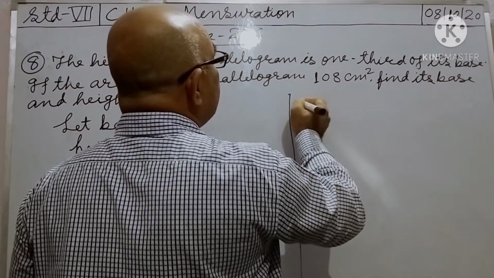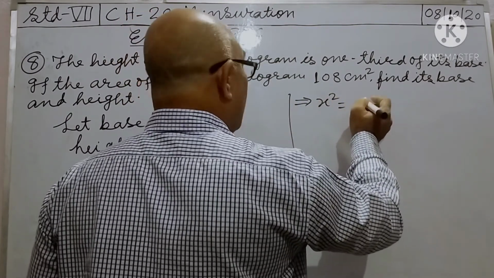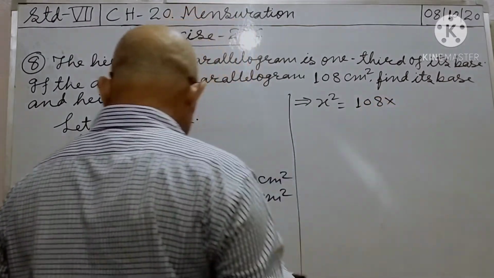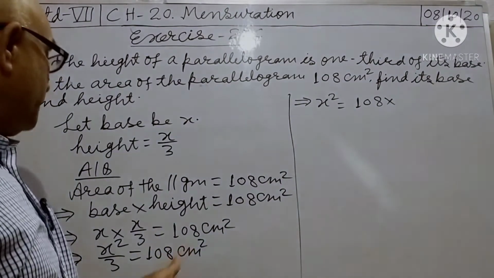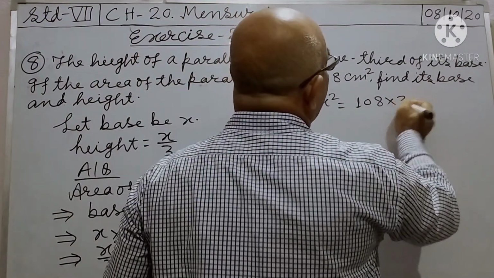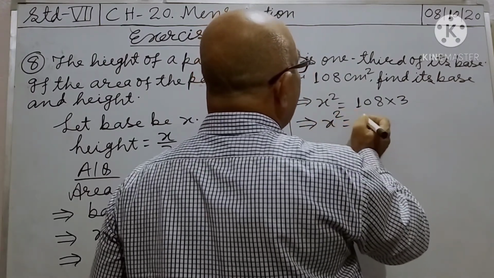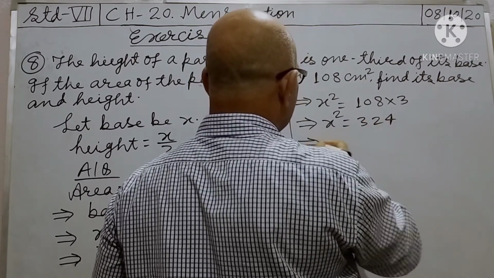That implies x square equal to 108 into 3. Here 3 is divided; by transposition it is changed into multiply. So 108 into 3, that implies x square equal to 324.